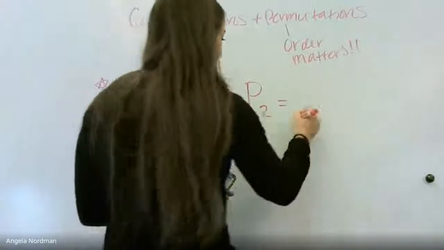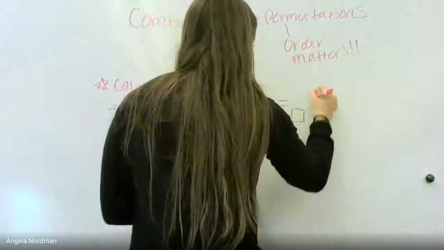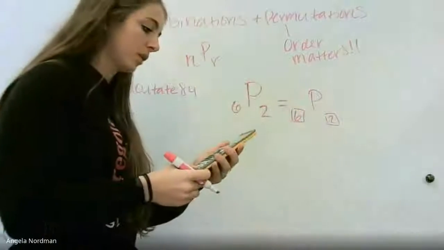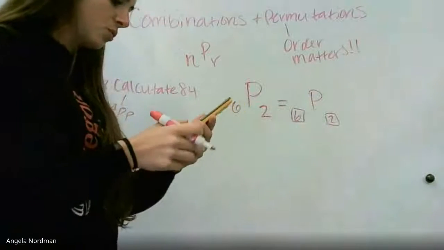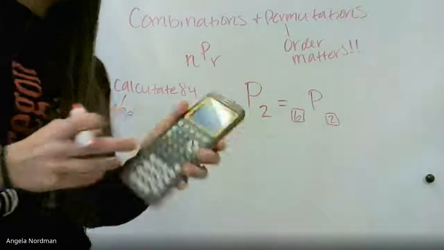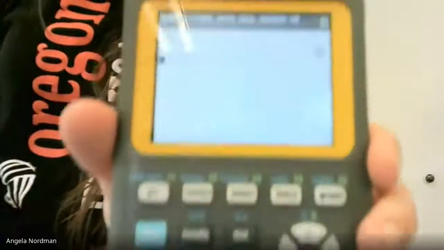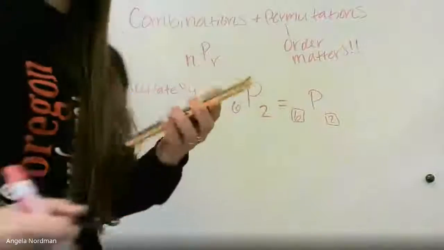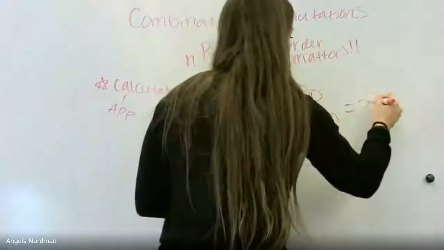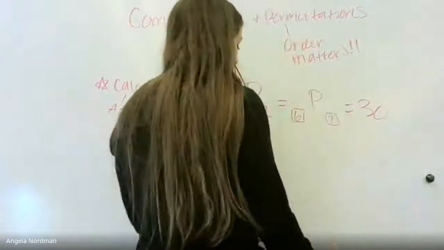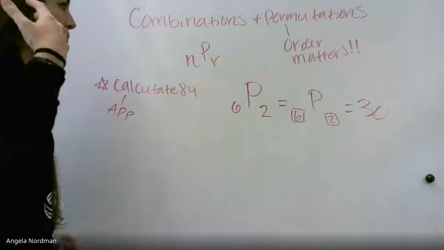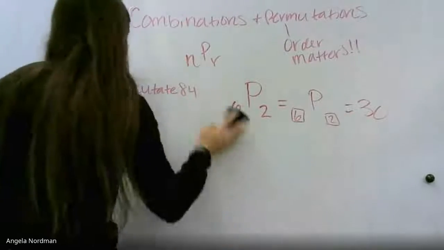A little box will pop up, then a P, and then a little box. In the first box, you put 6, in the second box, you put 2. When you do that, you should get the number 30. So there are 30 different ways for us to pull these 2 different water bottles.